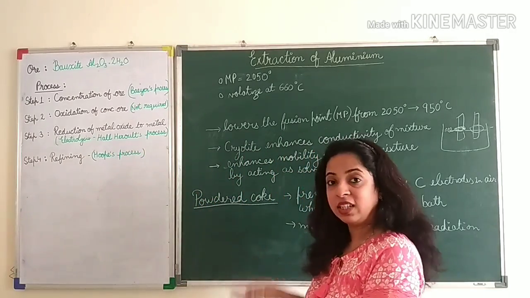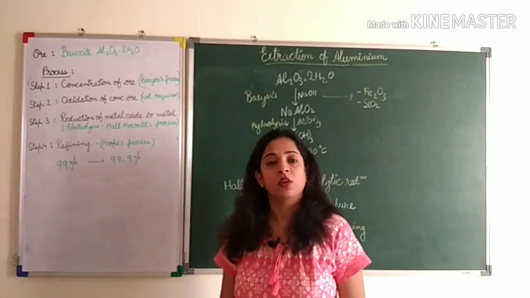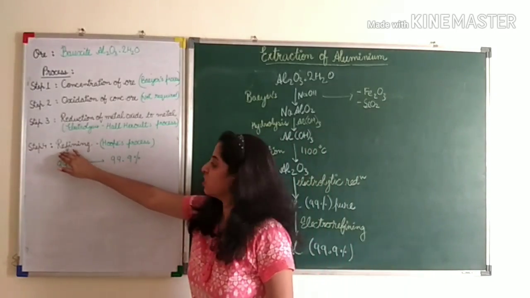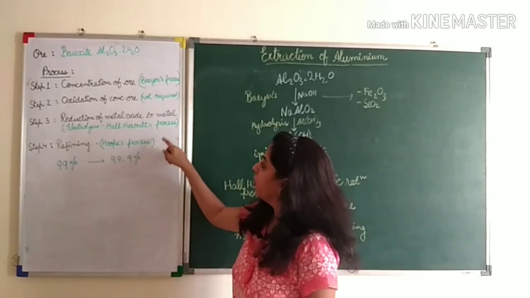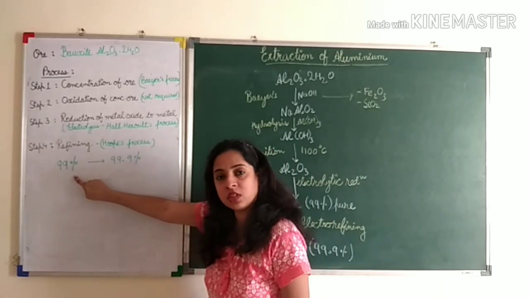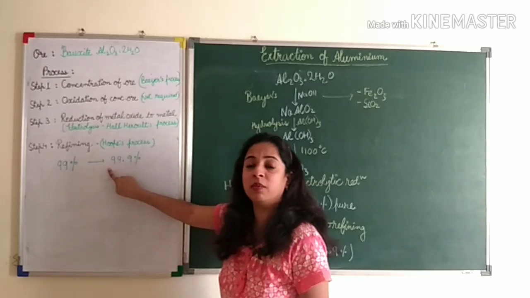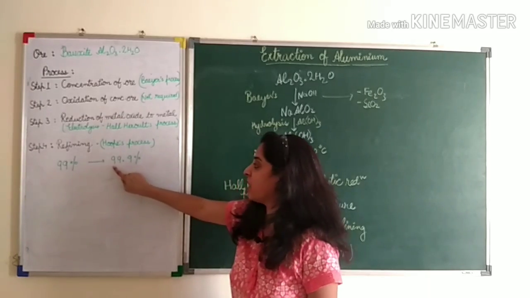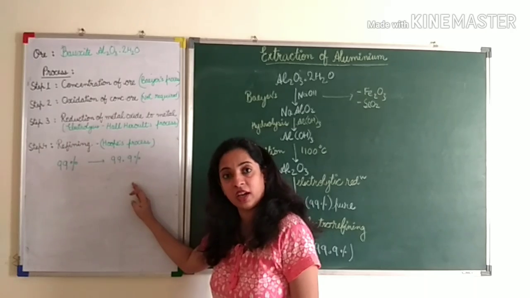Now that we have collected the molten metal, we will refine it by Hoop's process. So children, our last step, step 4, is refining by Hoop's process. Here the aluminium that we got from the third step was 99% pure, and through Hoop's process refining we make it more pure, that is 99.9% pure, and this is electrolytic refining again.